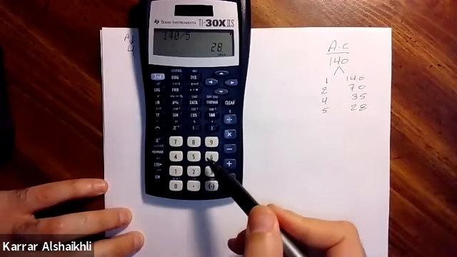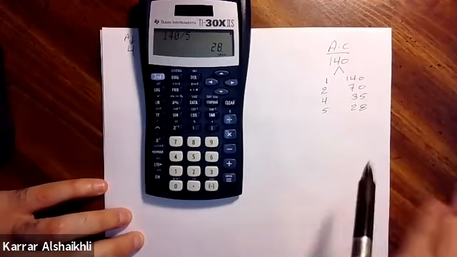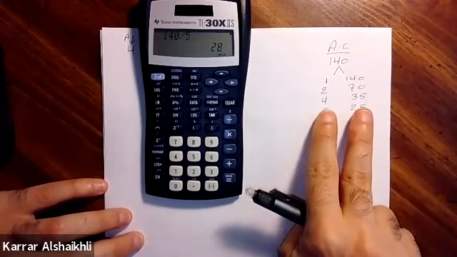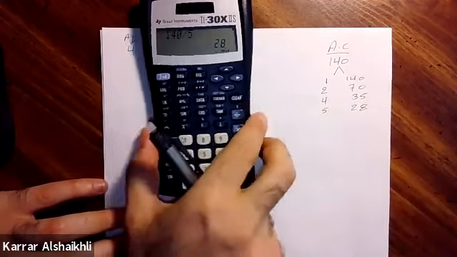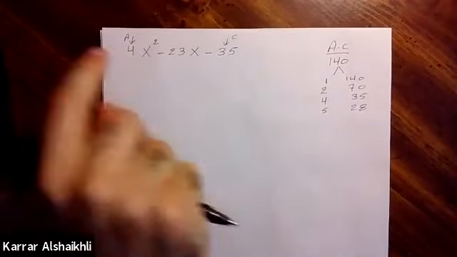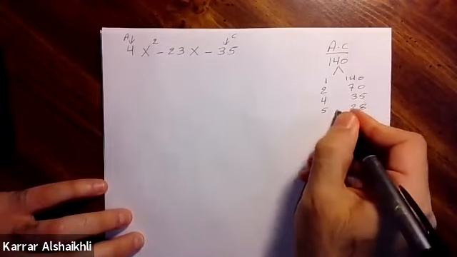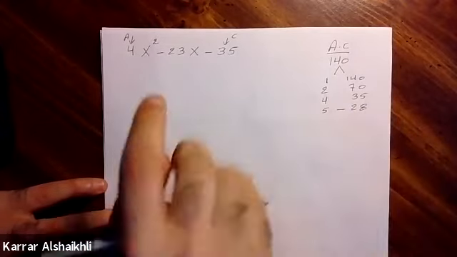And by 6, by 7, until here I stop. Why? Because I found an option. I can use this option to get 23. I'm going to say 5 minus 28 is going to be minus 23. So I'm going to use this option.